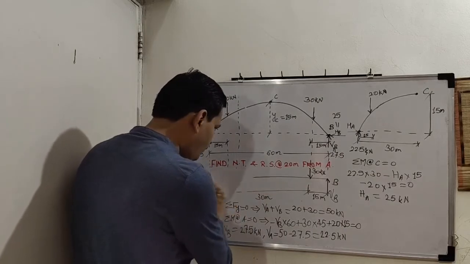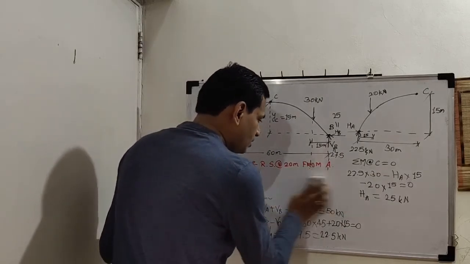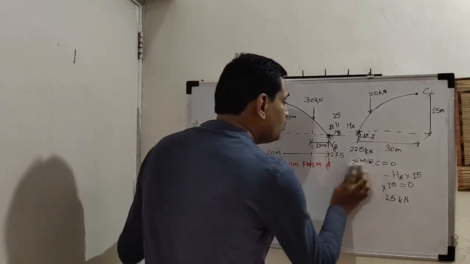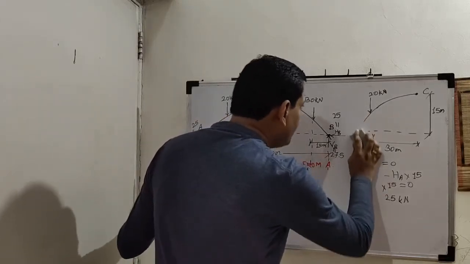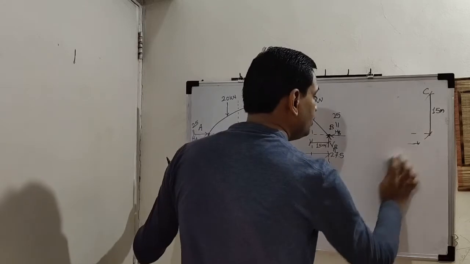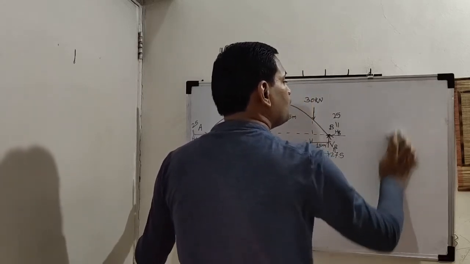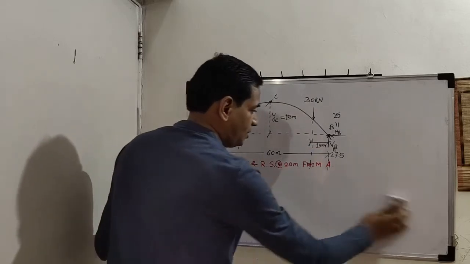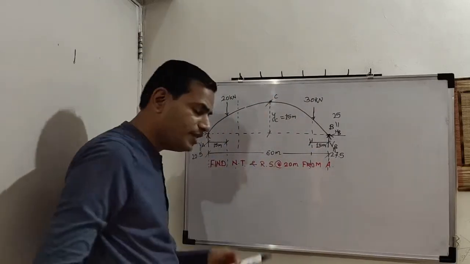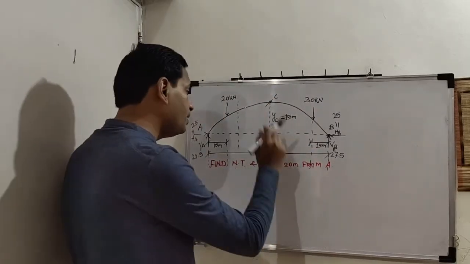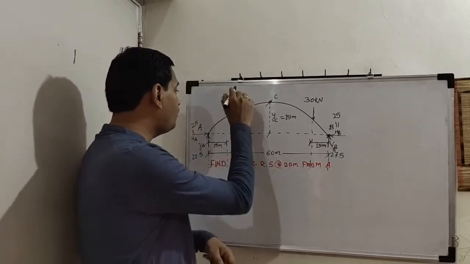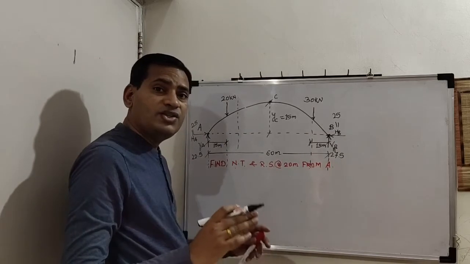In the previous session we have seen the concept of normal thrust and radial shear and how to find these two values. For this we need the shear force at a given section. We have to find normal thrust and radial shear at 20 meter, so at 20 meter from A we need to find the net shear force.